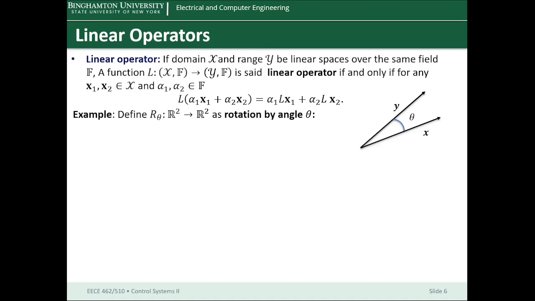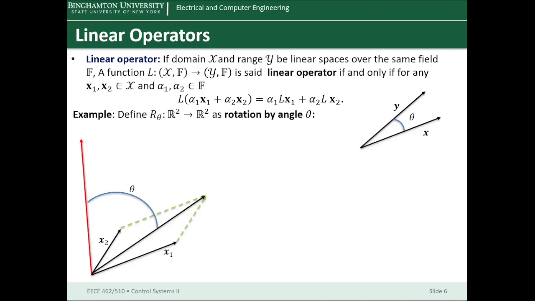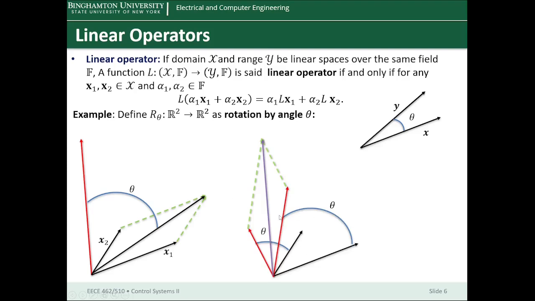Now, if we take two vectors, for example x1 and x2, add them together and then rotate, we get exactly the same outcome as if we first rotate x1, then rotate x2, then add the results of the rotated vectors. So rotation by an angle theta is a linear operator because it respects these linearity rules.